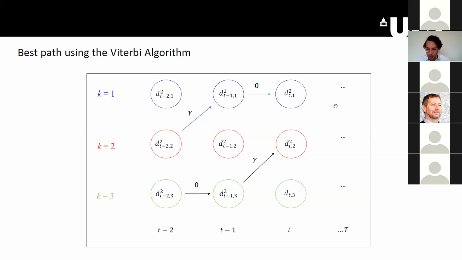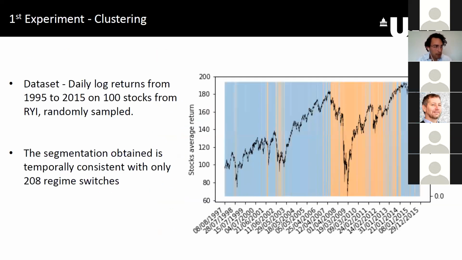That's our algorithm. In our paper, we presented two experiments. Our first experiment is focused on clustering, so we look at the clusters that we obtain and we analyze them. A second experiment is focused on forecasting. For both experiments, we use a data set of daily log returns from 1995 to 2015.